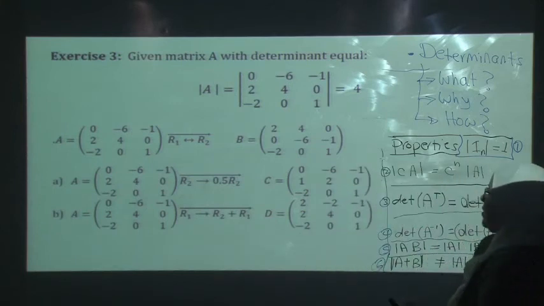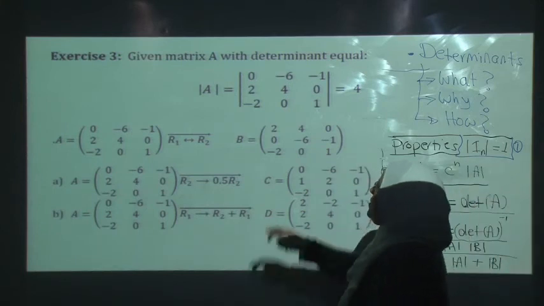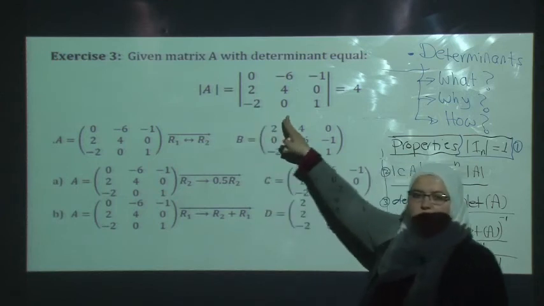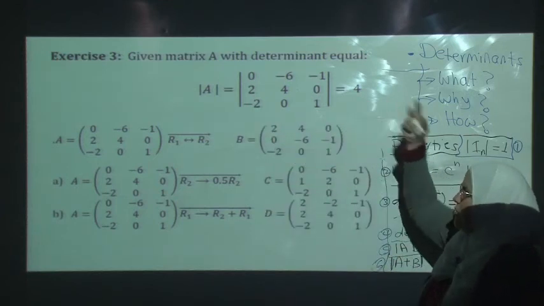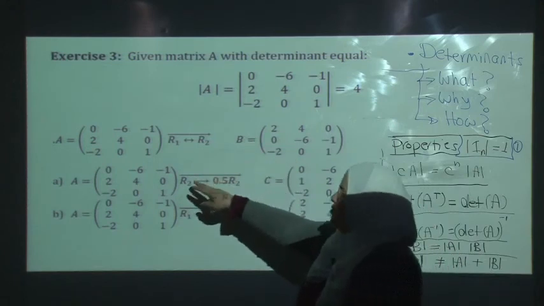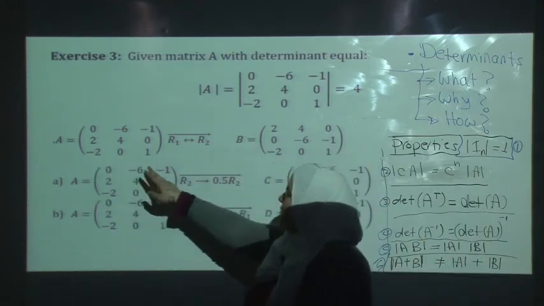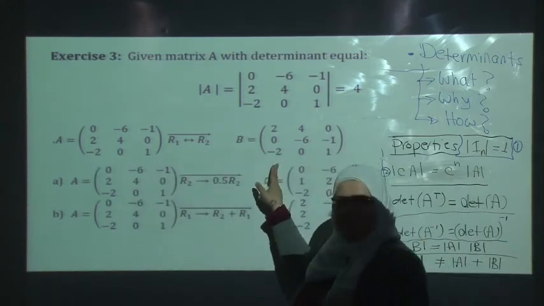What does that mean? Given this A matrix, its determinant is set to 4. We need to find the determinant of that B matrix.